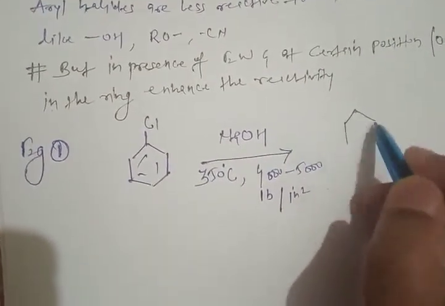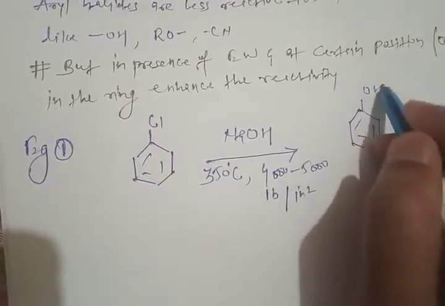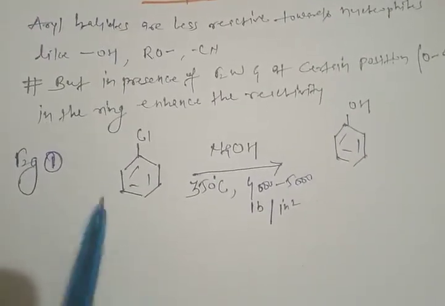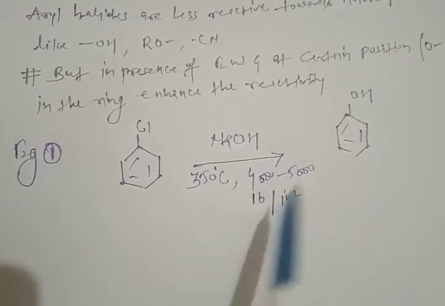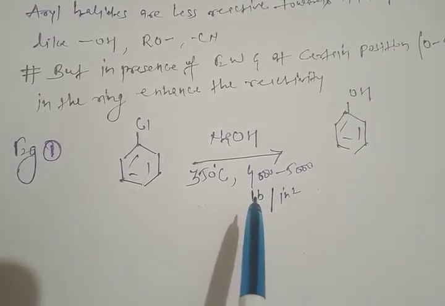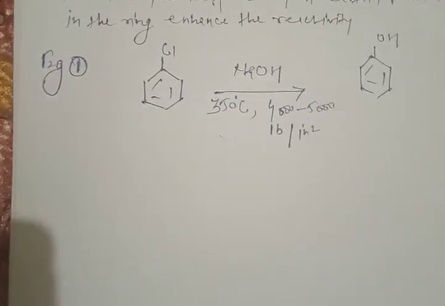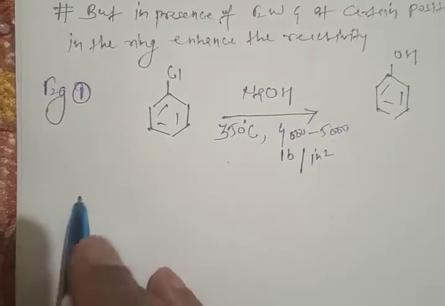So this will give you phenol. What I'm trying to tell you is that if no electron withdrawing group is present, then you require high pressure and temperature. Now, what is the effect of an electron withdrawing group?